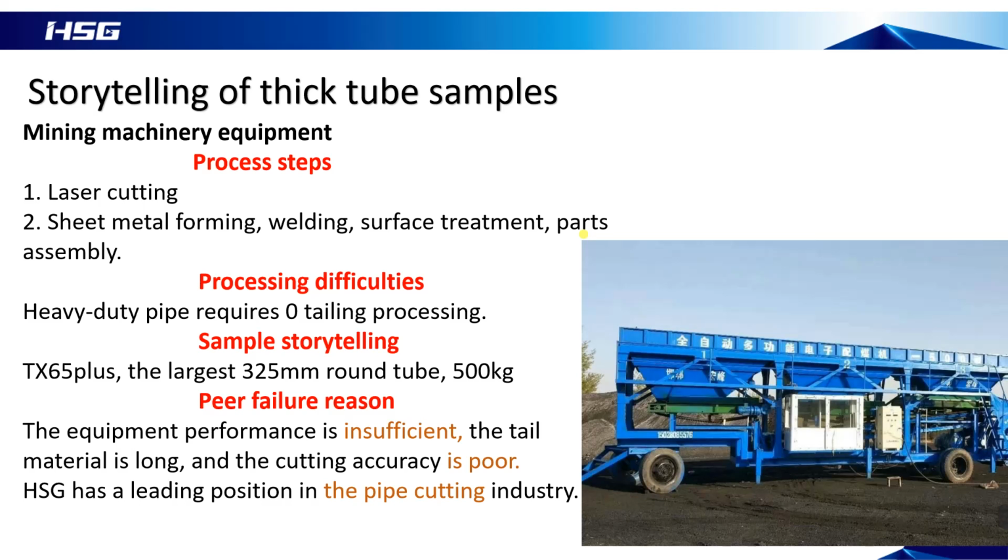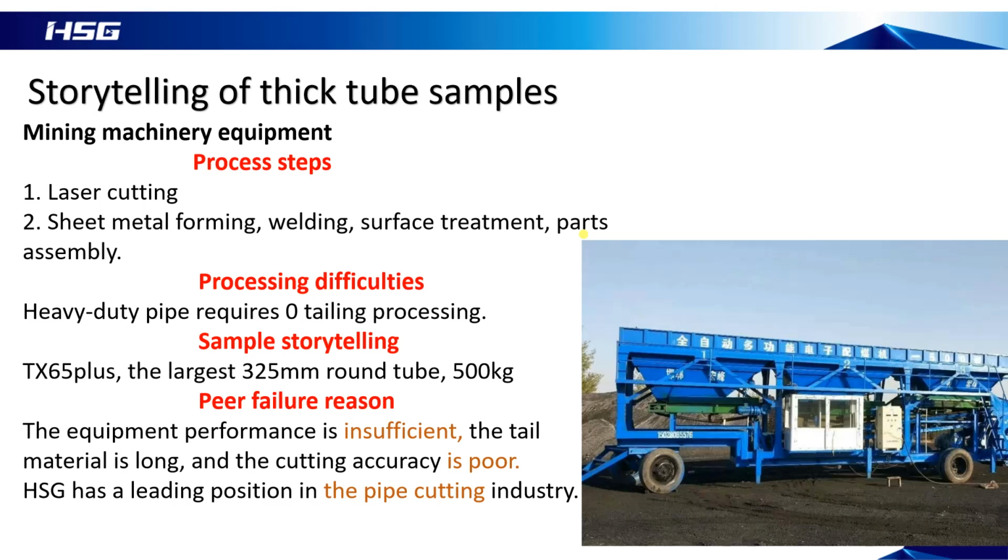At present, in addition to TX65 Plus and TL500, the pipe we process is 100 kilograms or 200 kilograms. The tail material is basically 130 or 180 millimeters, some even more than 200 millimeters.